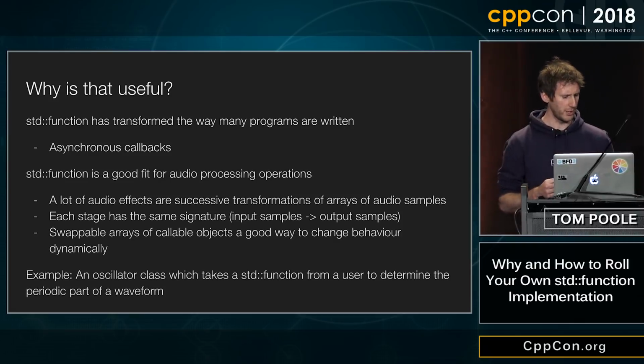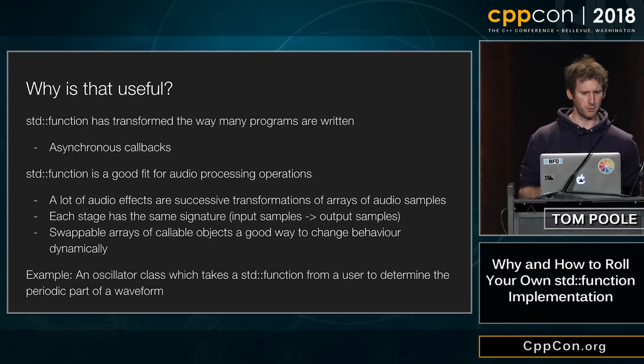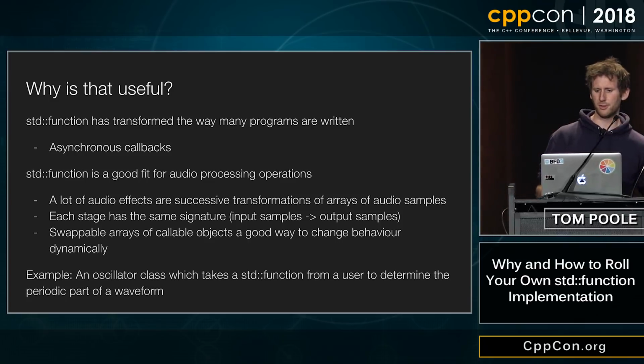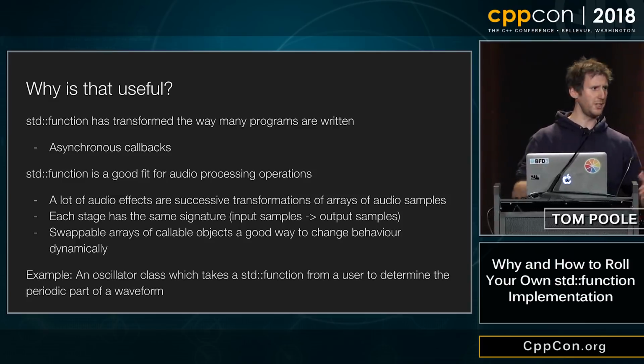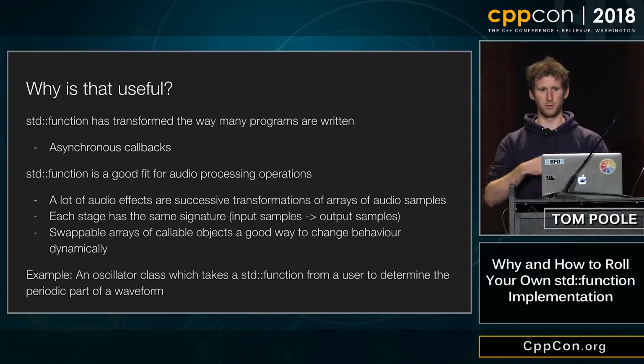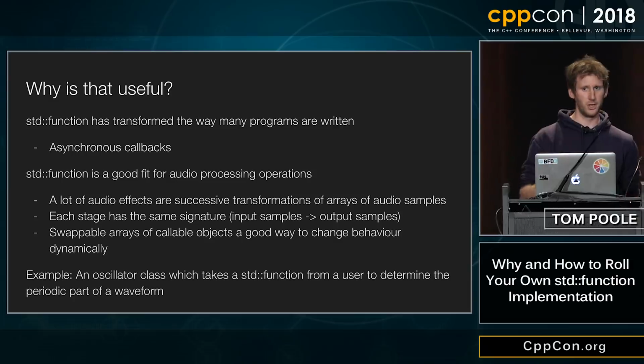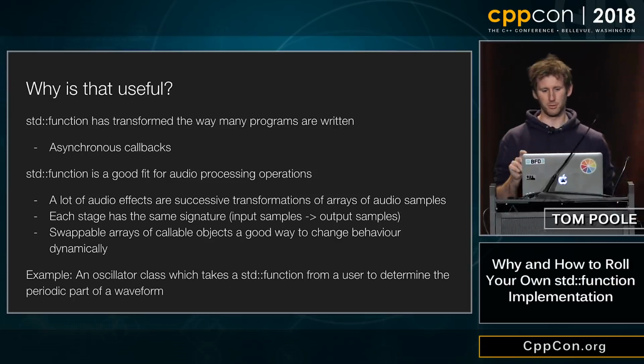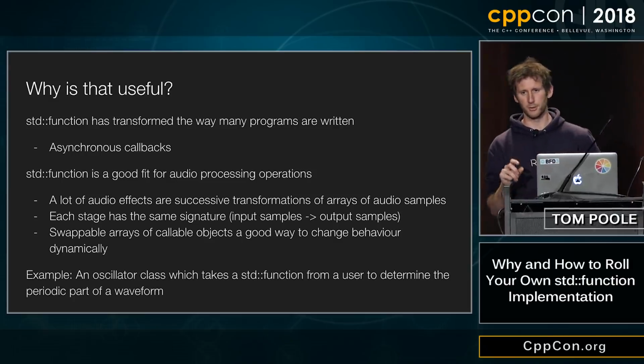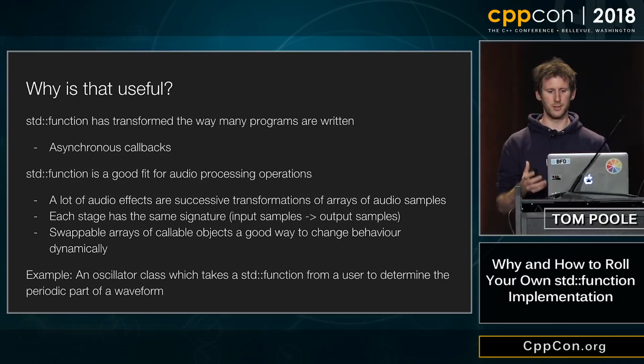You can think of almost all audio effects as being successive transformations on arrays of audio samples. Each of these transformations has the same signature: you have some input samples, you do something with them, and then your output is the output samples. Because all these transformations have the same signature, swappable arrays of callable objects is a really convenient structure that you can use to change behavior dynamically.